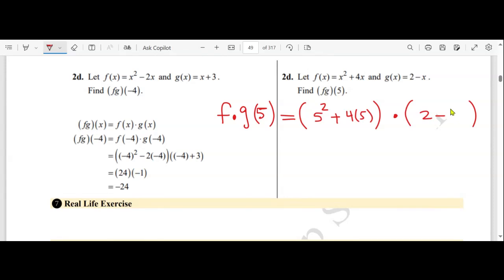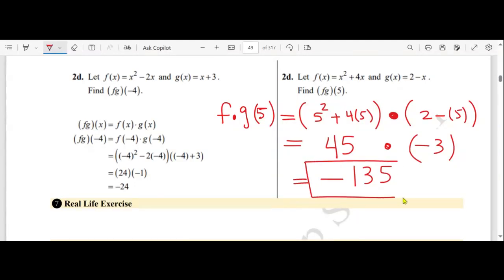And here 2 minus 5. 5 squared is how much? 25. Plus 20, 45. Times, take away 2 from 5, negative 3. So what will be the answer? Negative 135. Are you sure? So that's the answer. Easy as easy.